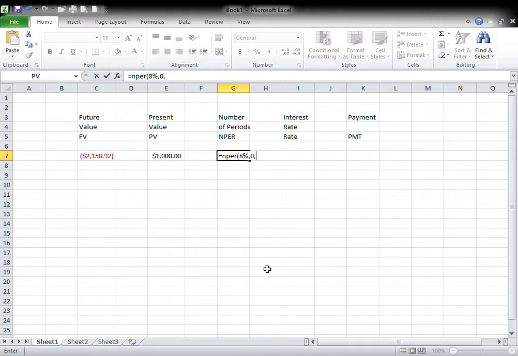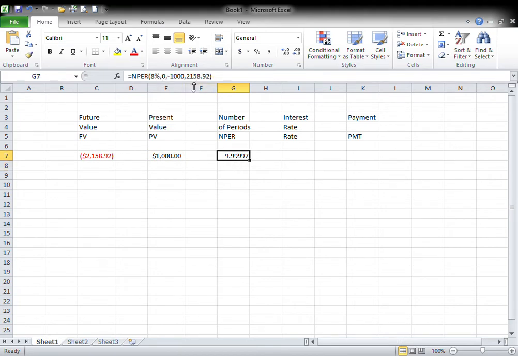The present value is minus $1,000, and the future value is 2158.92. And we come up with 9.9997, or basically 10 years is going to be what that is.